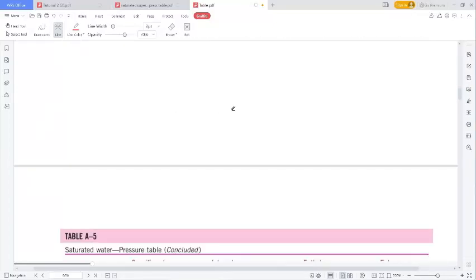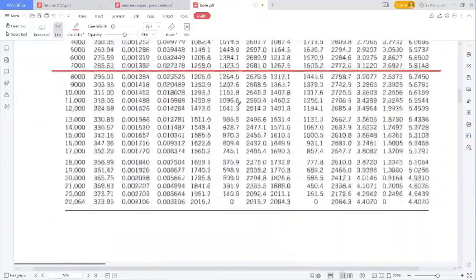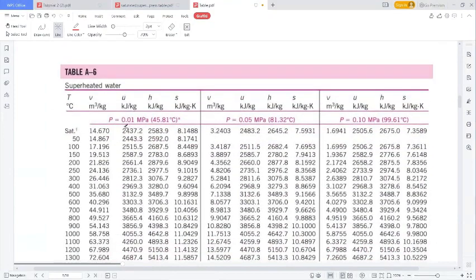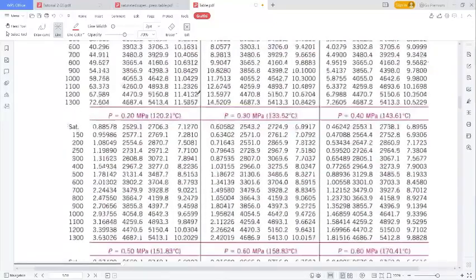So we go through to the A6 table. At the A6 table, we have superheated water. There is a variety of pressures that we're dealing with. The lowest pressure in this table is 0.01 megapascal, in the form of mega. Thus, if you want to convert into kilo, you need to multiply it by 10 to the power of 3.